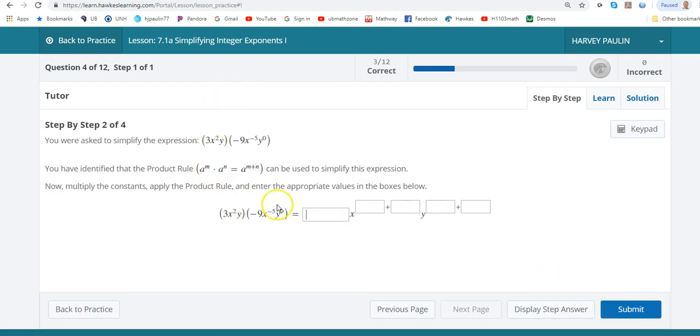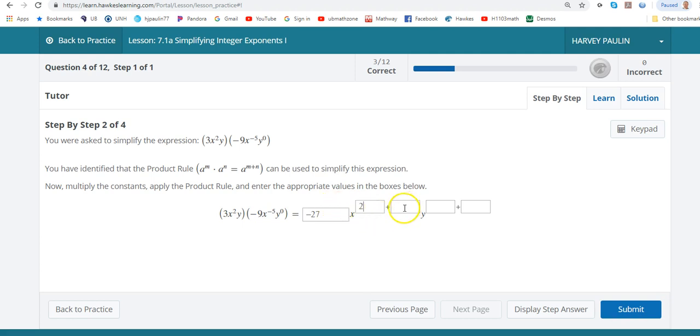So they're asking us, and again, they're taking us step by step. 3 times a negative 9, we're going to put here as a negative 27x. And then here, we're going to add our exponents. So they already have the boxes in their proper place. So this is x to the second. So we're going to put here a 2.